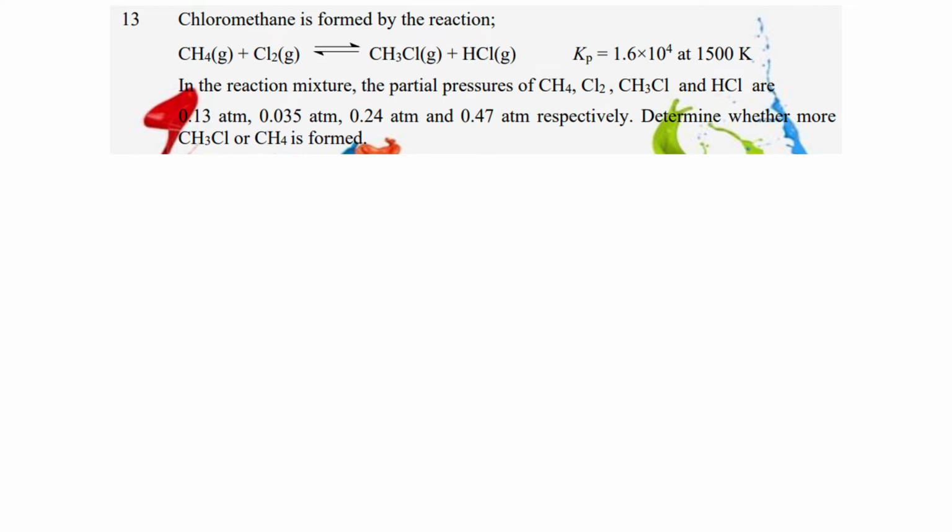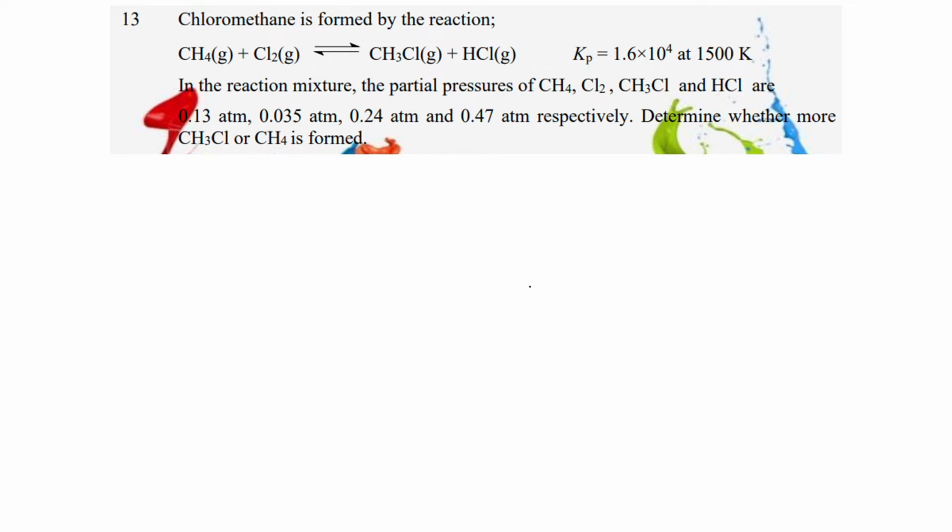So in the reaction mixture, CH4 is 0.13 atm, for Cl2 is 0.035 atm, for CH3Cl is 0.24, and for HCl is 0.47 atm respectively. Determine whether more CH3Cl or CH4 is formed.